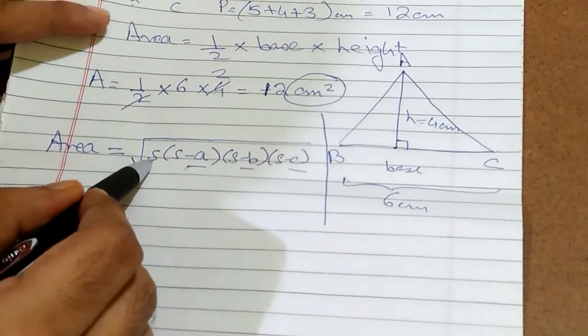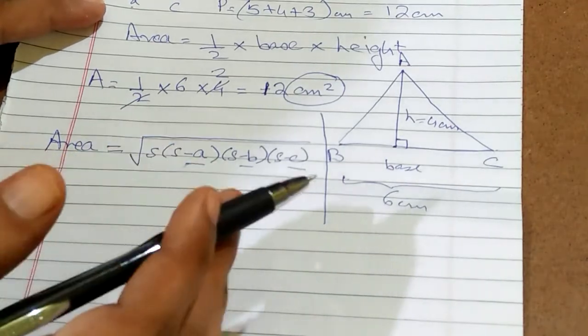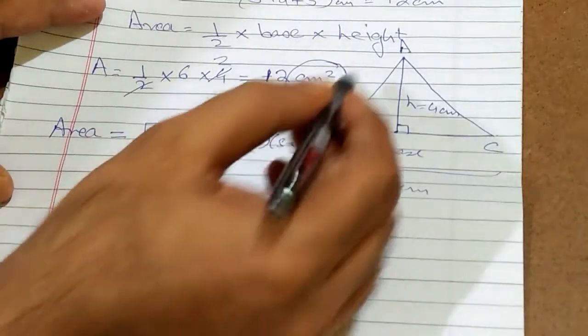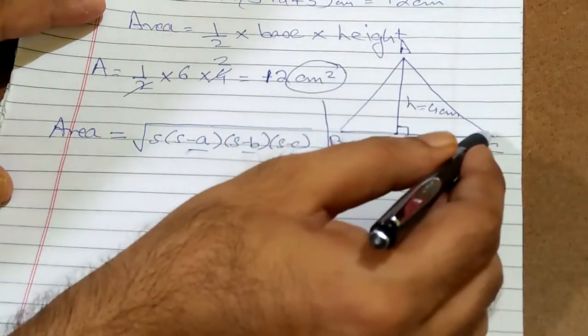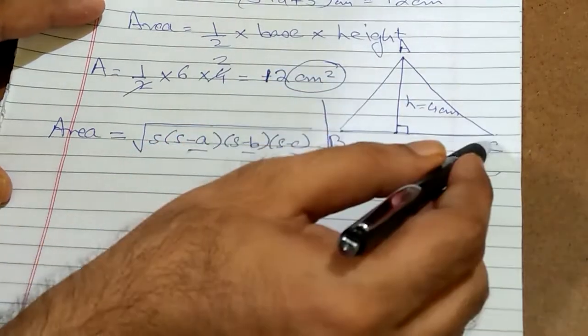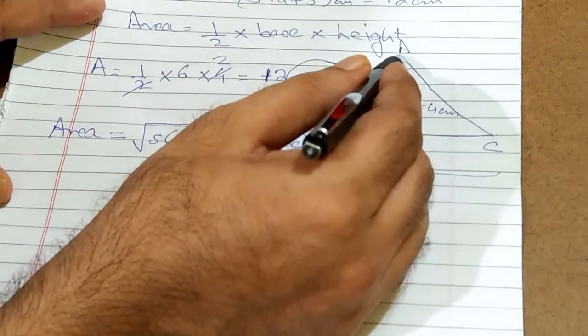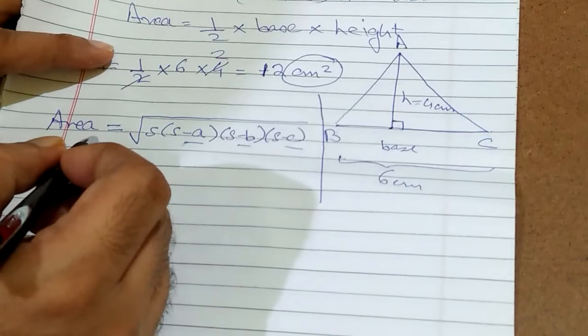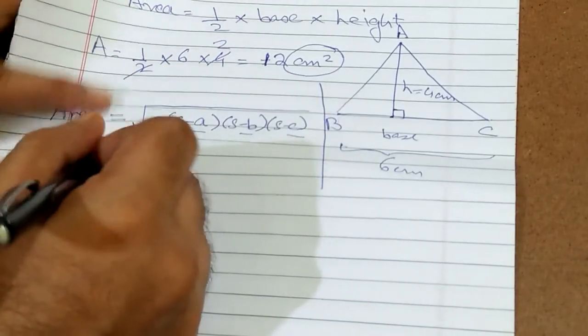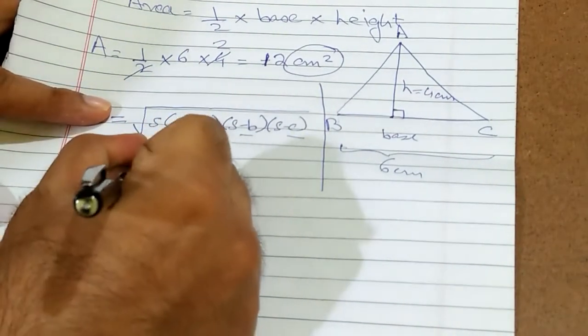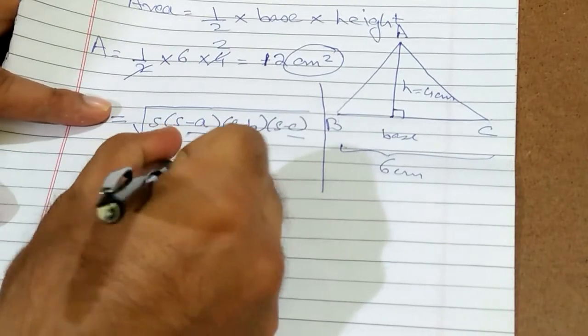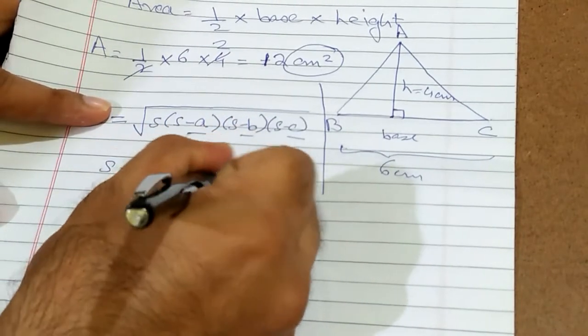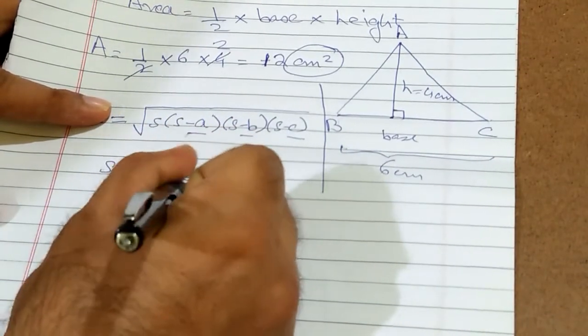And S is called half perimeter or semi perimeter. That means half the sum of the total boundaries of a triangle. So S can be written as A plus B plus C by 2, like this.